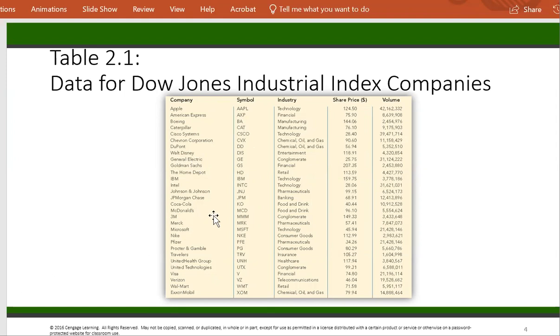Anyway, we have multiple factors here. We have the share price at a certain date. We have the volume. We have industry. We have symbol and the name of the company, right? So these are the attributes, similar to the example that we had regarding our class.